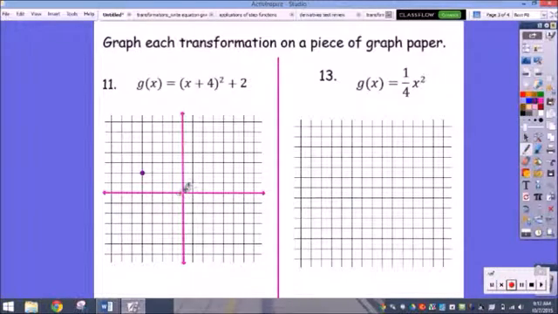Because it starts at the origin, because I remember the graph of the parent function of x squared. And so I would move it according to this translation listed. And then what I can do is I need 2 more points. So if I choose one that's to the left of this vertex and to the right, plug those in, I can get the y values and plot those points and then just draw my parabola.